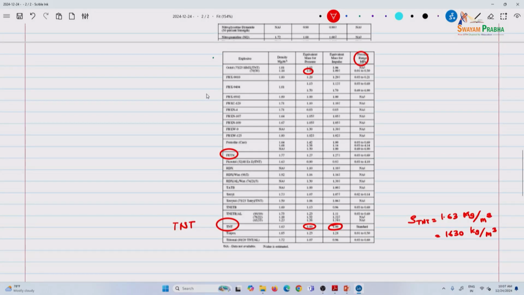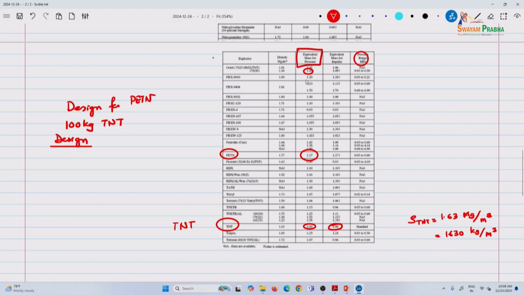So for example, if you are designing for PETN and the factor is 1.23, mostly they use equivalent mass for pressure. So the pressure one is used more commonly. So if you have, let's say, 100 kilograms of TNT, your design is going to be here.